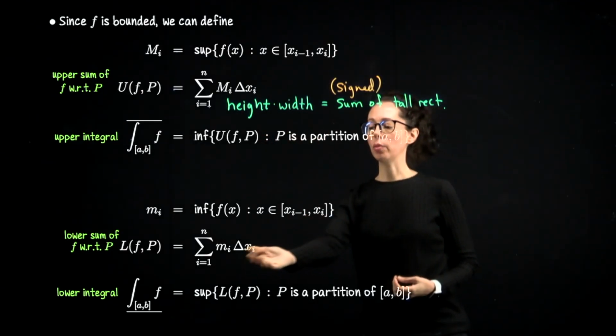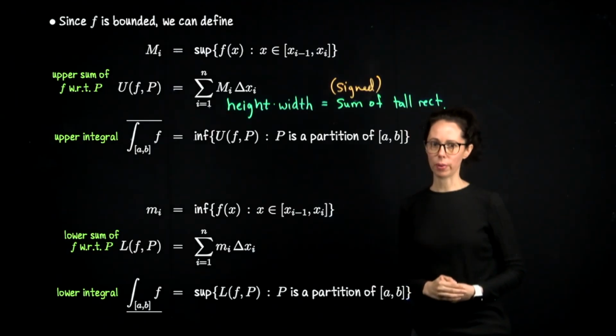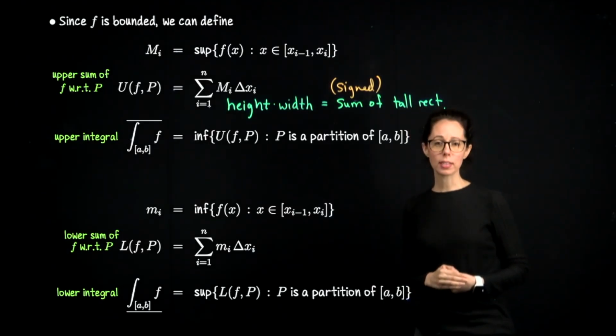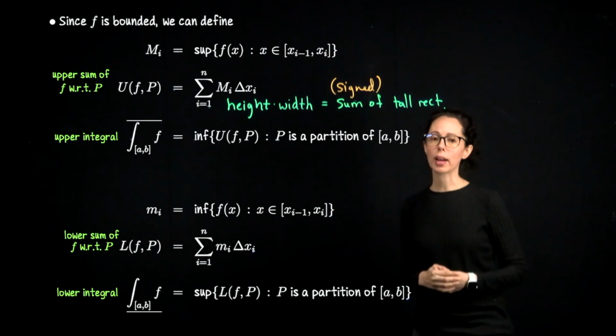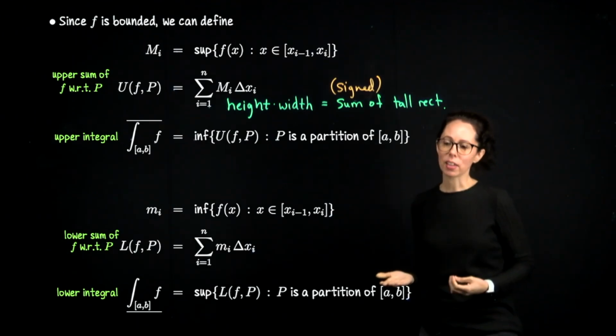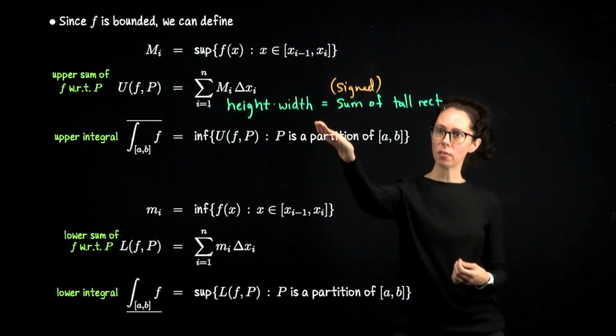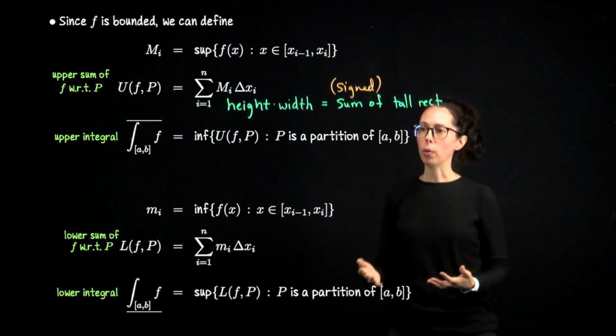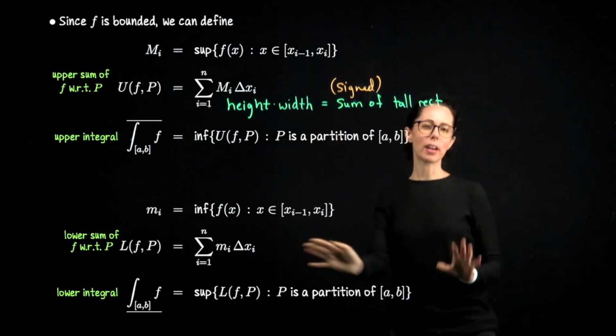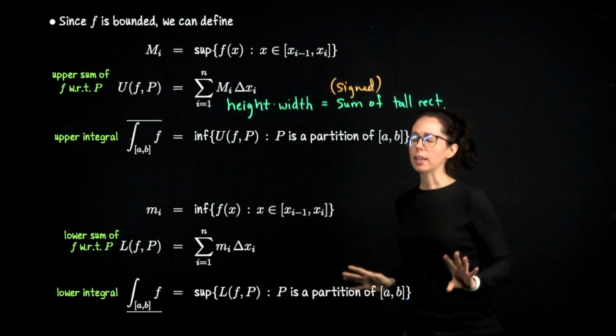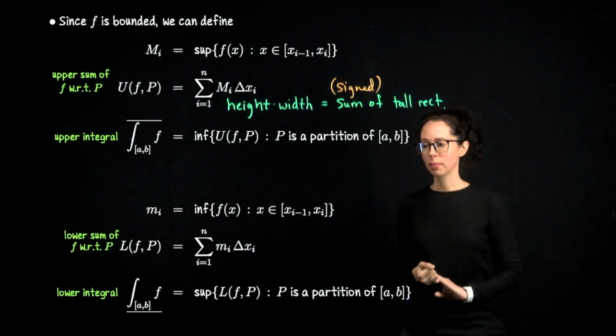So on the second line, when we create the lower sum of f with respect to our partition, it is once again the sum of a bunch of signed rectangular areas. I think of these as the short rectangles. So here we have tall rectangles, here we have short rectangles. I will often call this the overestimate, and this the underestimate. Anyway, it's the exact same notion, just the heights are lower.